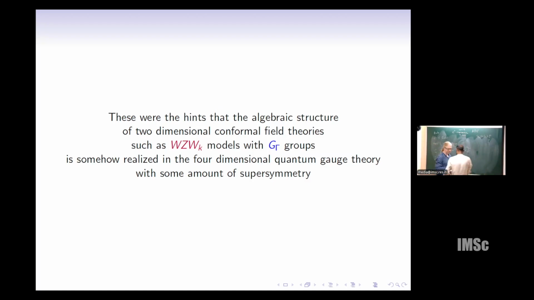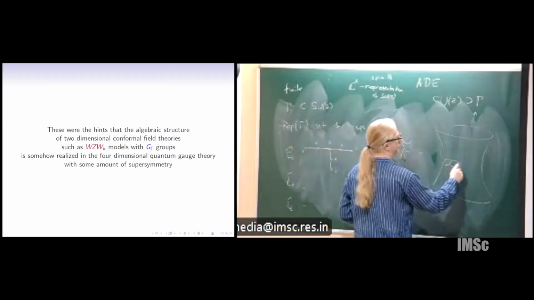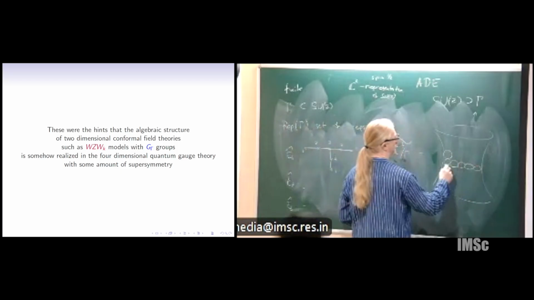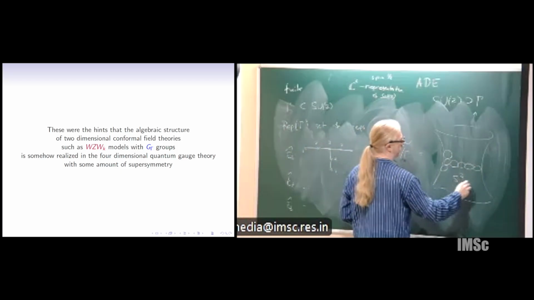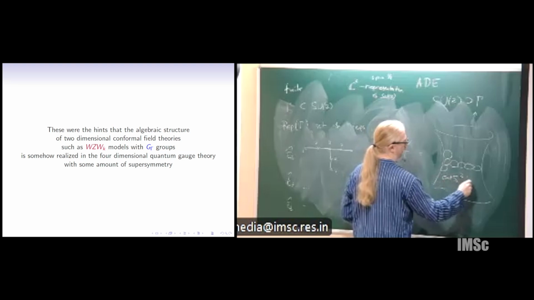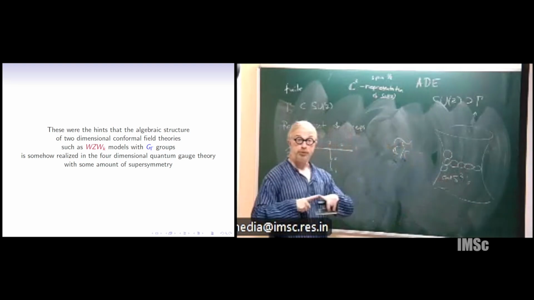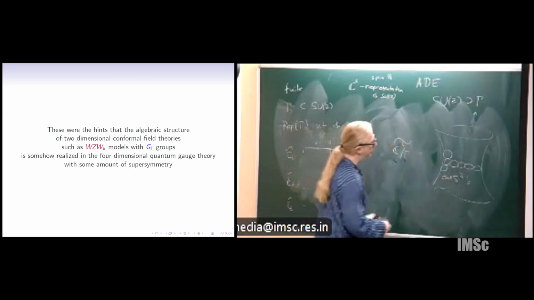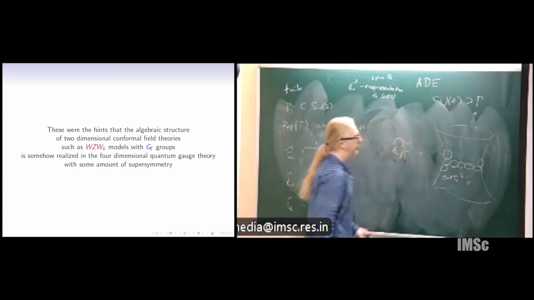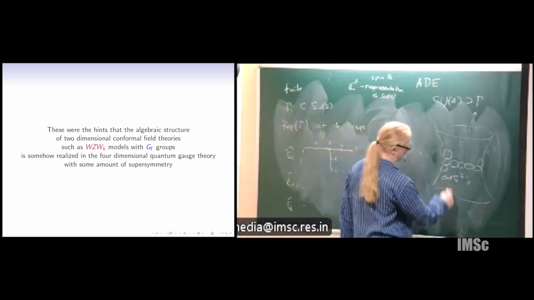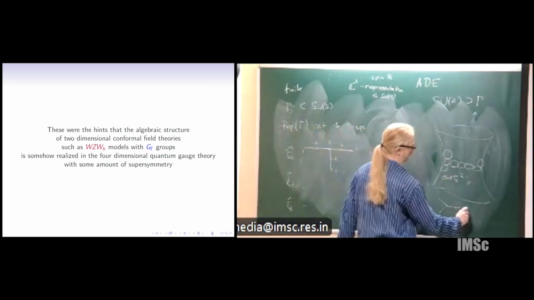There's a procedure which takes the singularity, blows it up, and replaces it by a bunch of two-dimensional spheres whose intersections, by the way, are captured by the same Dynkin diagram. So this would be for the D type, for example.